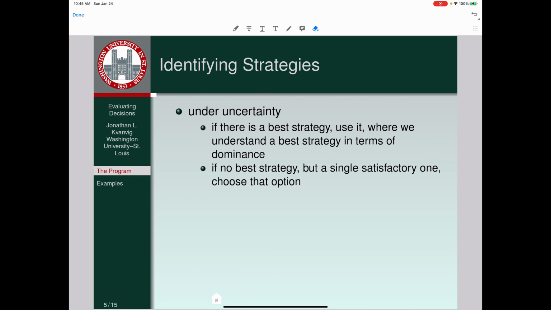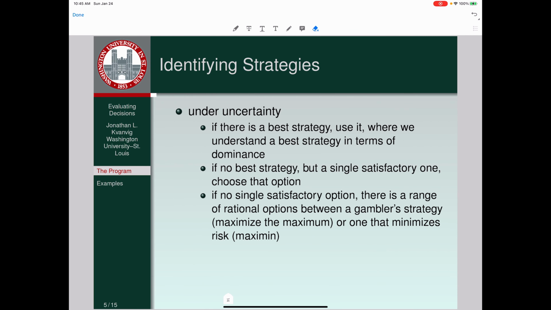Second, if there isn't any dominant strategy, but there's a single satisfactory one, choose that option. If there isn't a single satisfactory option, perhaps there is a range of rational options somewhere.